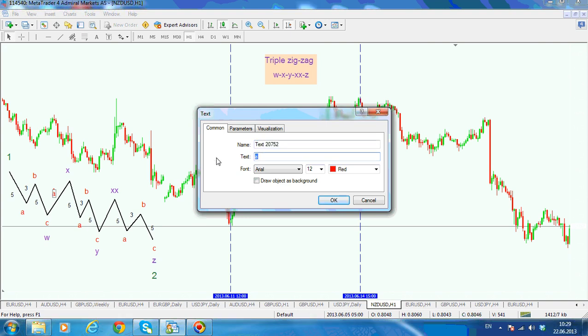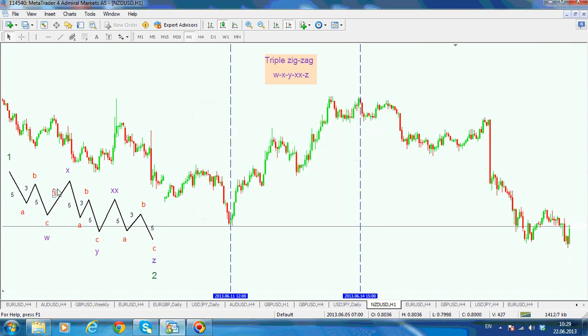So this is 3 waves of this degree and 3 waves of this degree, and that should make a nice ABC for the XX wave or the X wave. Usually an X and an XX wave are part of a zigzag family pattern, meaning a double zigzag, a triple zigzag, or a double combination with a zigzag, or something like that.